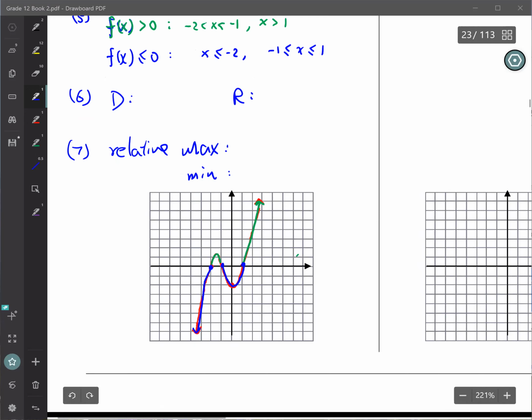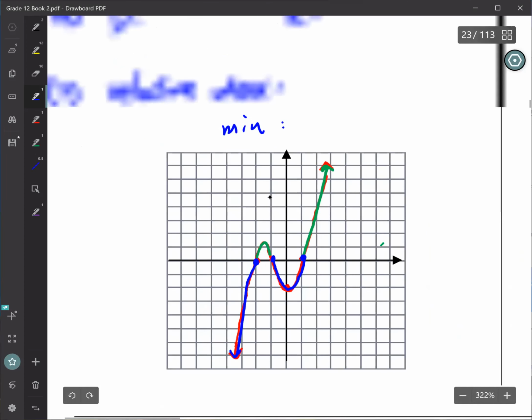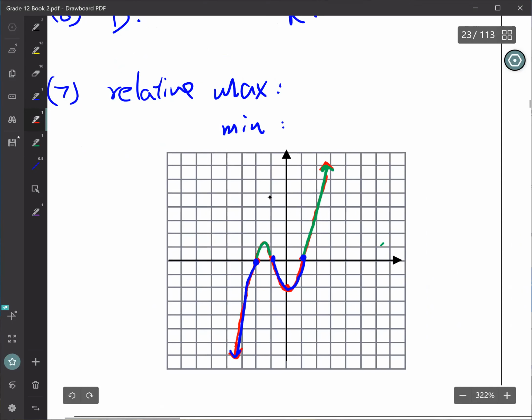Go to decimals or use your own app. Once you got the max and min, please raise your hand. The points that we are looking for, I'll use red, it's this one. That's the relative max and minimum. We got 2 places.